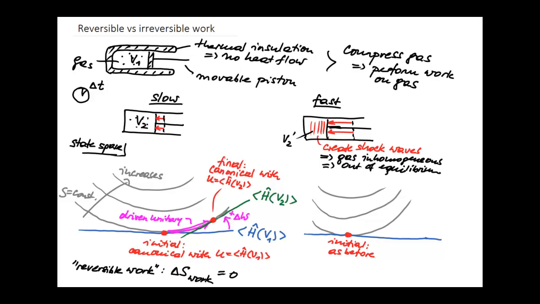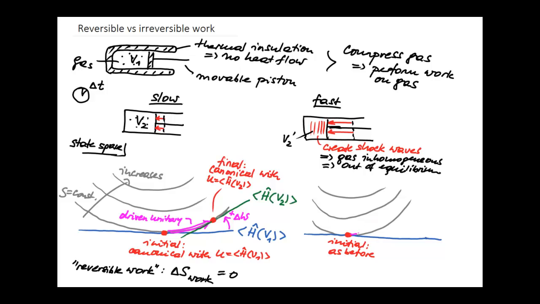Compression means you vary this external control parameter, so you have effectively a time-dependent Hamiltonian. And for the rest, you have an isolated system. There's thermal insulation, no particle exchange. So under a time-dependent Hamiltonian, an isolated system still evolves unitarily. So the state still moves along this gray curve of constant entropy, as before.